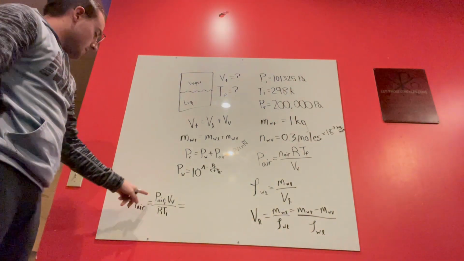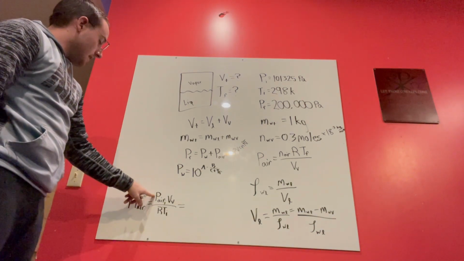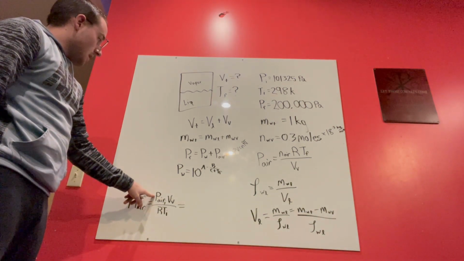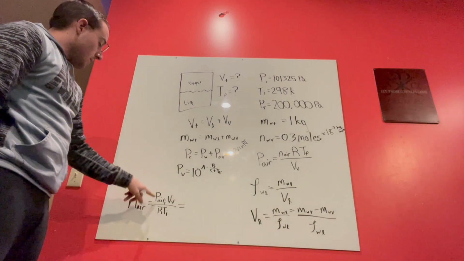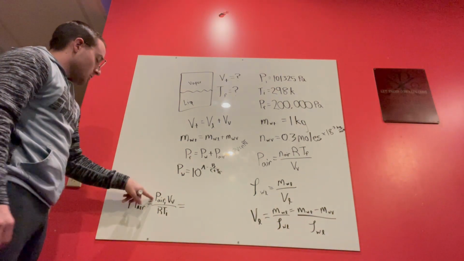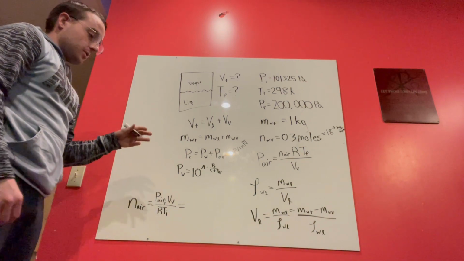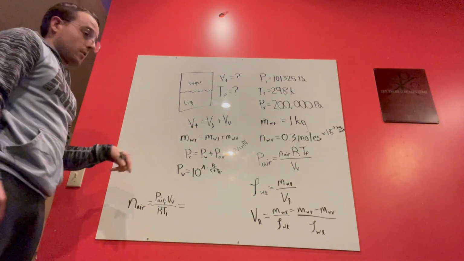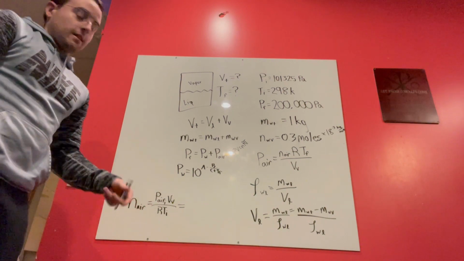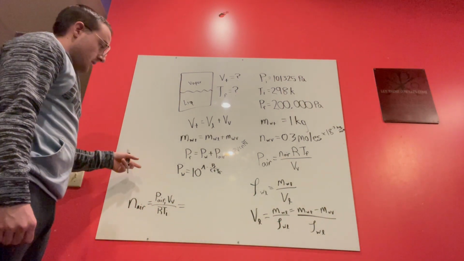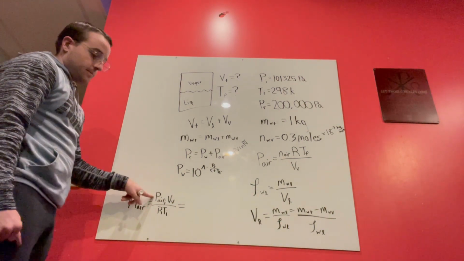And then what we can do with this is we can plug in the initial pressure minus the partial pressure of water at the initial temperature. And then that is equivalent to this.